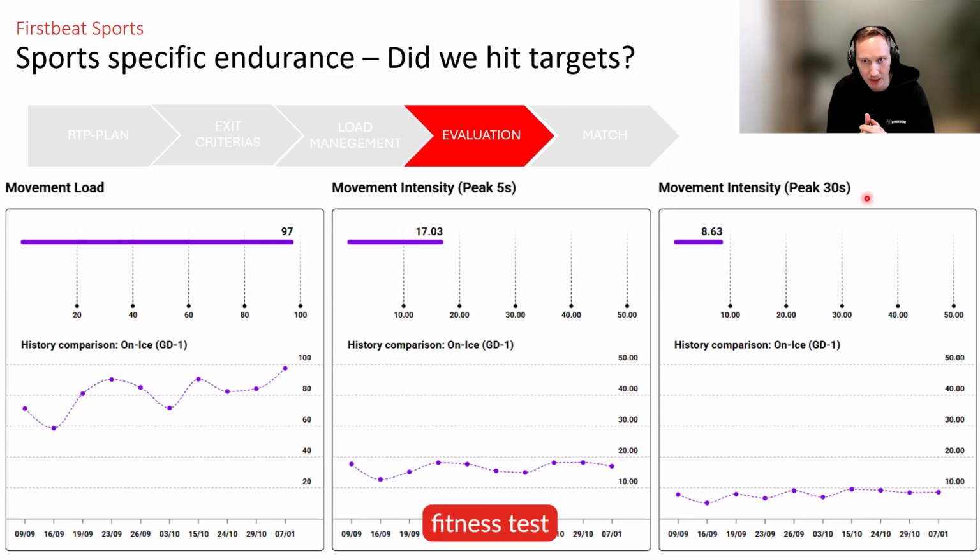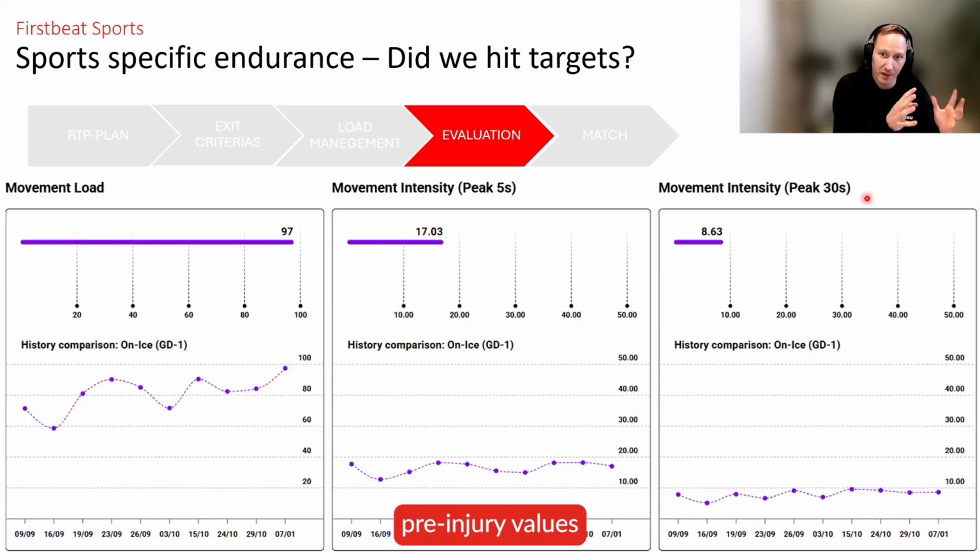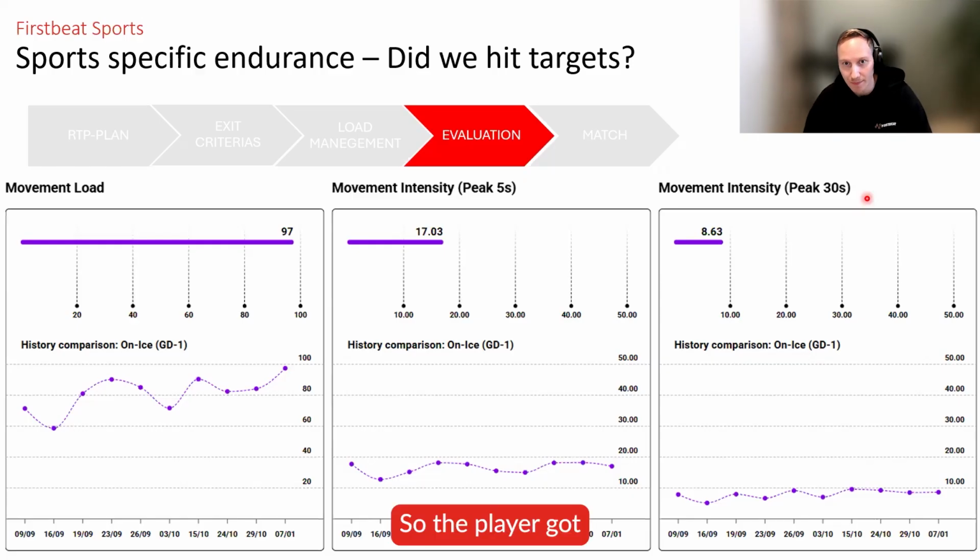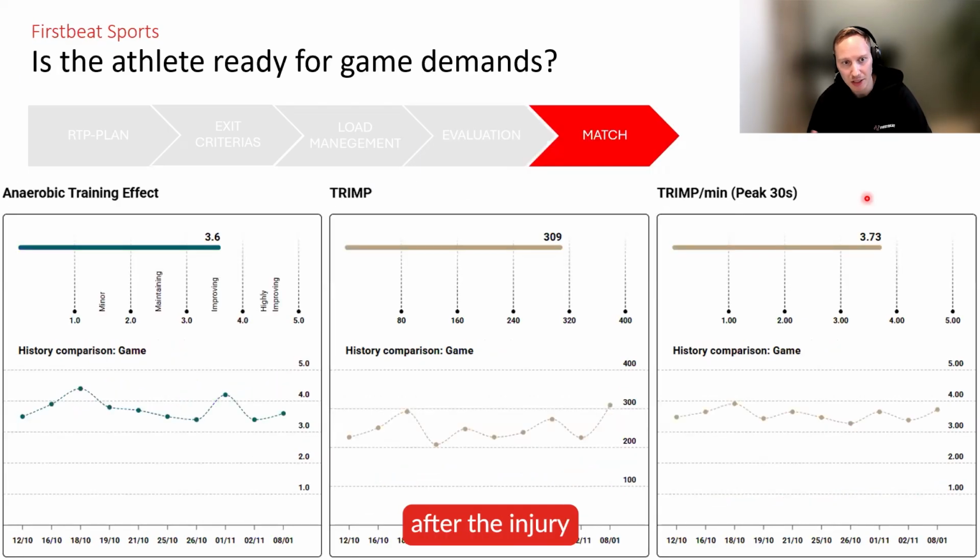So submaximal fitness test, heart rate exercise, and lactate, and then also the game day -1 values were quite on the similar level as the pre-injury values. So the player got the green light and played the first game after the injury.